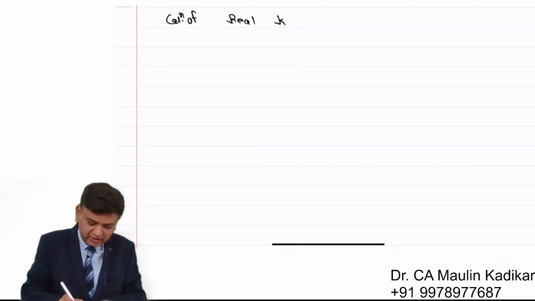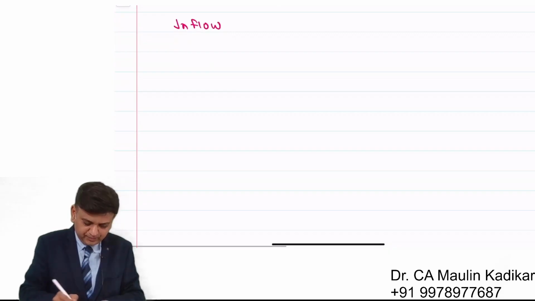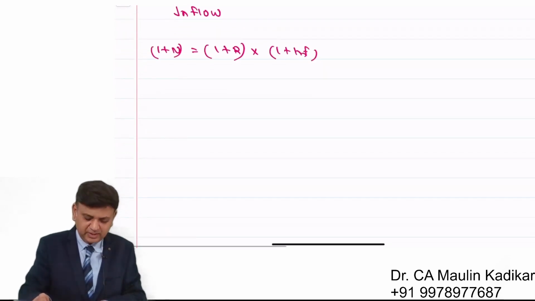We'll do it for inflow first of all, and then we will do it for outflow. 1 plus nominal is equal to 1 plus real into 1 plus inflation rate. That is the simple formula.